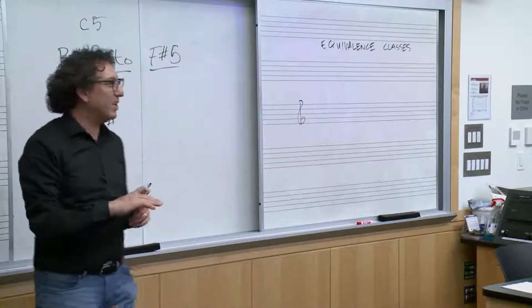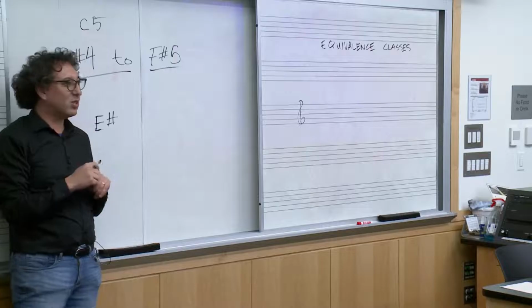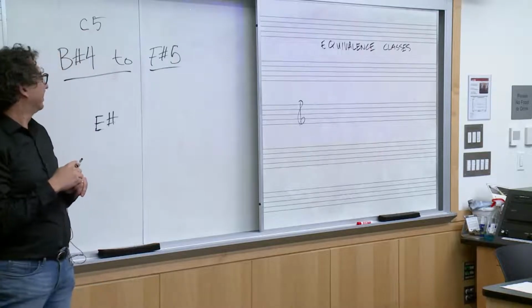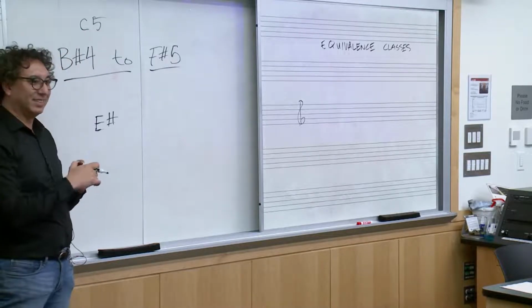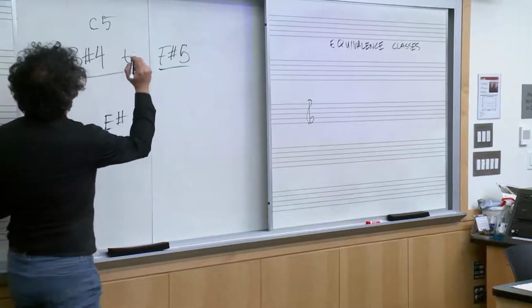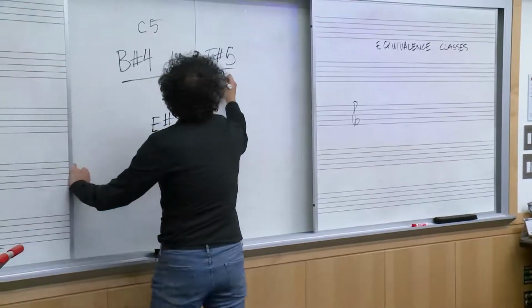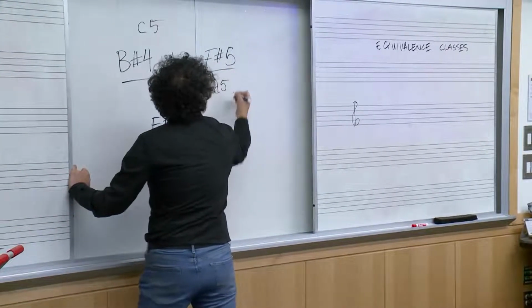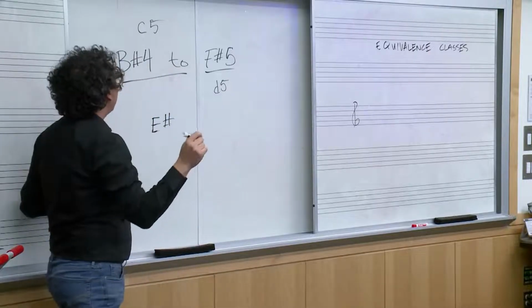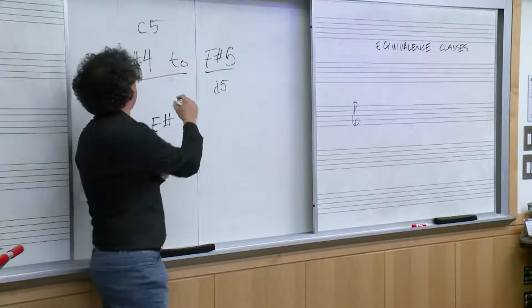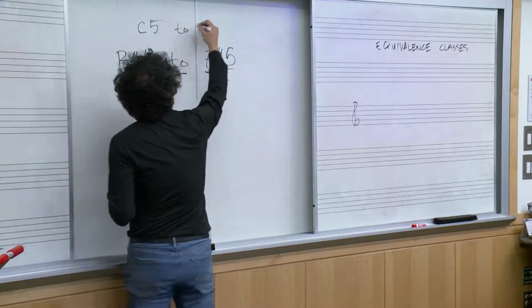Let's think about that first. What should the interval be? Yeah. Diminished fifth. So what would the interval be if it was C5 to F sharp 5?